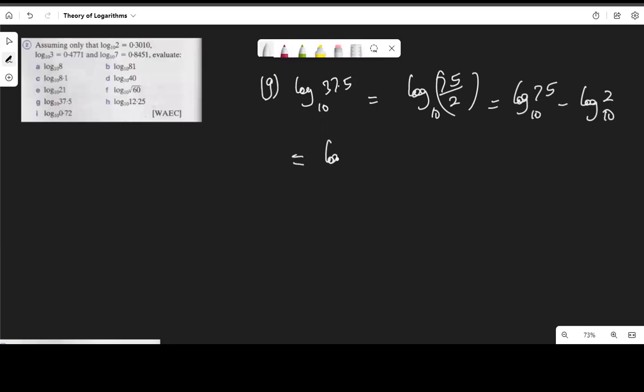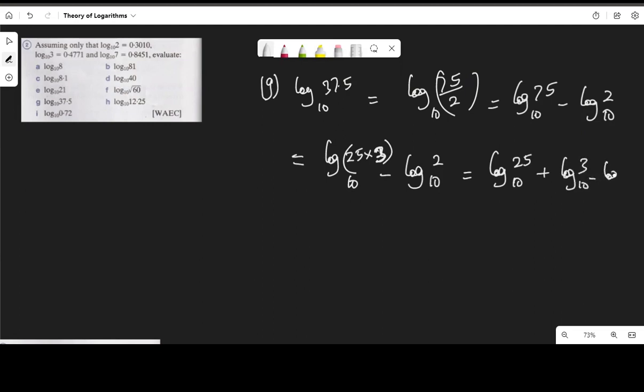We have log 25 multiplied by 3, not multiplied by 2, 75 is 25 multiplied by 3, and minus log 2 to base 10, which is log 25 to base 10 plus log 3 to base 10 minus log 2 to base 10.